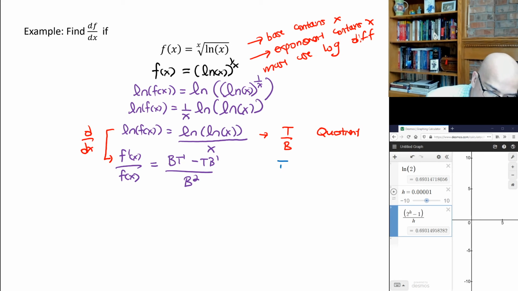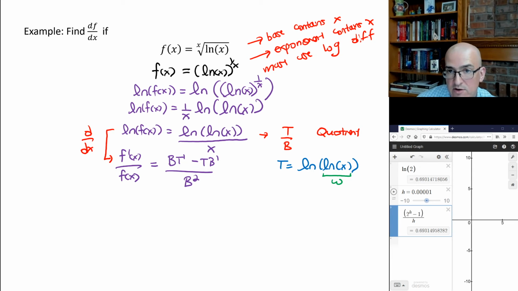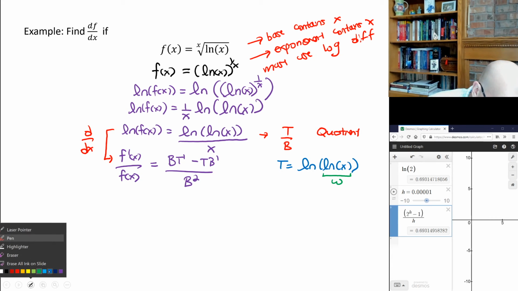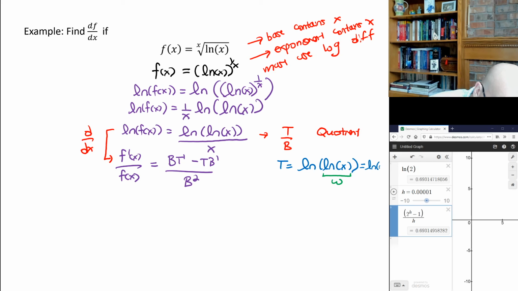Okay, our top function is the ln of x. I'm going to call this stuff in here w. The inner ln of x, the innermost one is w. So this is ln of w. Now I'll take the derivative. T prime is w prime over w. So w, down below, I put a ln of x.